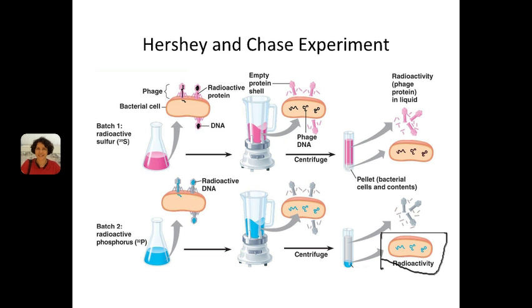If you labeled the protein, you will find it in the supernatant, because the bacterial cells are much denser than those protein capsids of the phages. So the protein capsids of the phages stay in the supernatant, while the DNA of the phages, which in itself is very small and very, very light, when it's trapped inside the bacterial cells, is going to go down into the pellet, and it will stay associated with the bacterial cells.